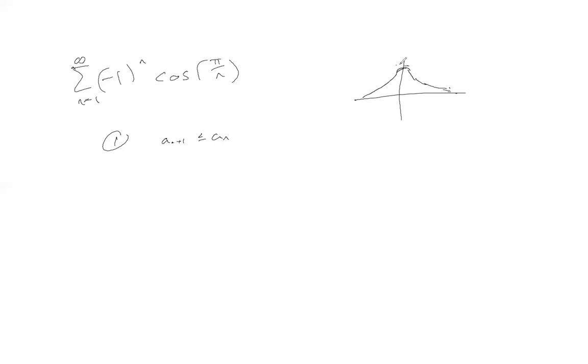This would be cosine of 0, where we're at 1. This would be pi over 2, and then my graph goes like this. So at pi, our graph is here. We're at -1. And then what happens as n gets bigger?